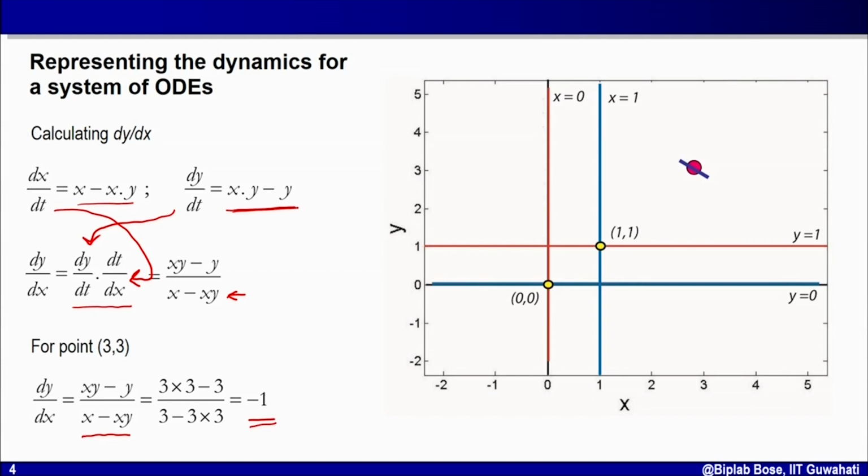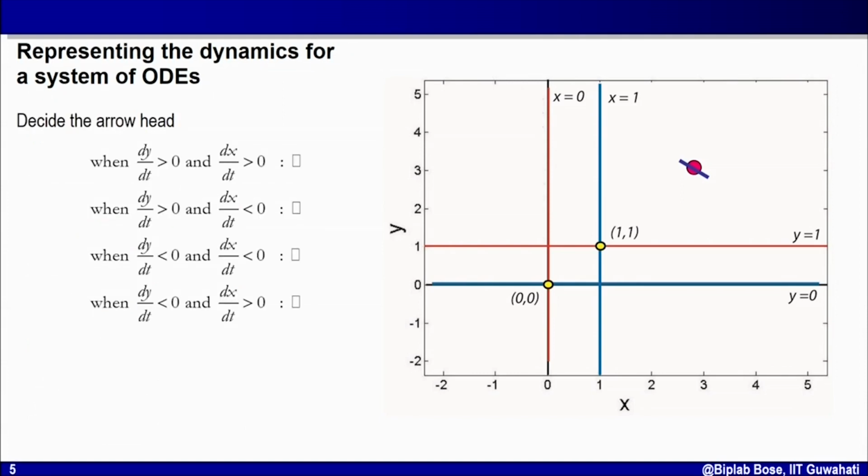Let us use a thumb rule to do that. What we can do is this. Suppose dy/dt is greater than 0 and dx/dt is also greater than 0. That means with time both x and y will increase, and I will put an arrow pointing up to the right-hand side.